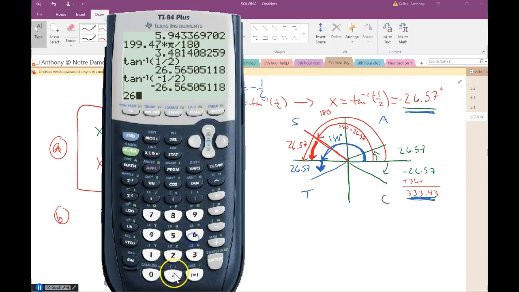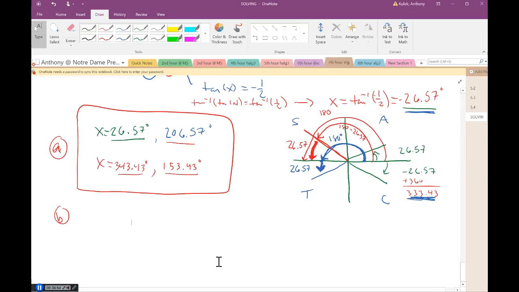So if I do 26.57 times pi divided by 180, I get 0.46. And then I'll say plus 2 pi k, k an integer, right?